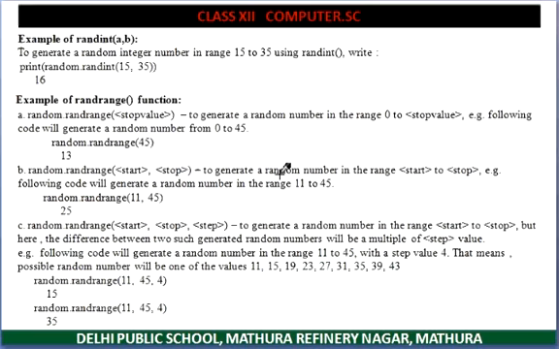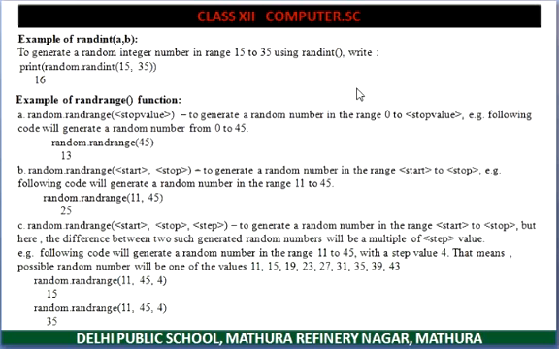Next, the example of randint(a, b). It generates a random number between a and b. For example, to generate a random number between 15 and 35, you need to write the command print random.randint(15, 35). So it will generate any number between 15 and 35. Here we are assuming this example generates output 16.